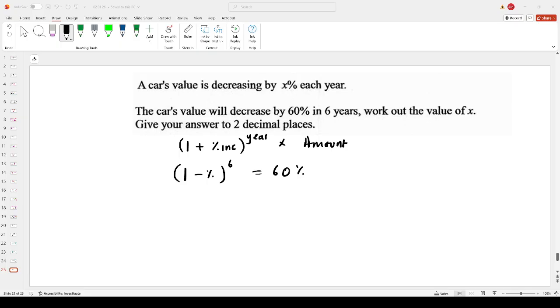You don't multiply by 0.6. It's not the sixth root of 60. Wait, 100 take away some percent, we'll call it X percent, to the power of 6.